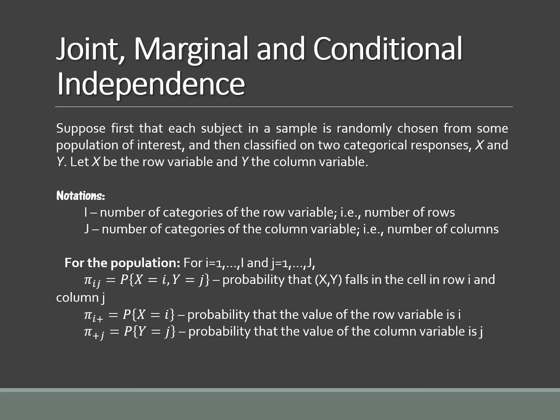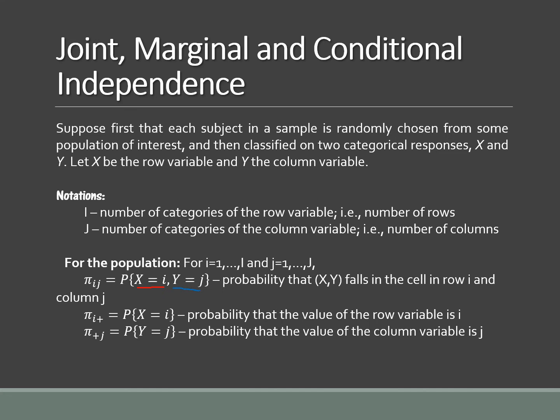So what is this pi ij? This pi ij is a joint probability. This is the probability that the variable X has the value i, and the variable Y has the value equal to j.